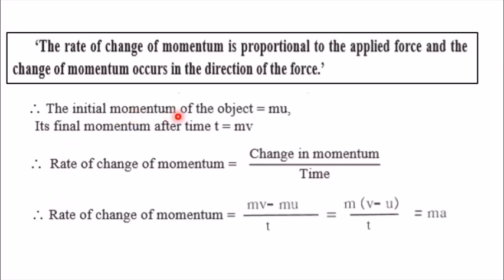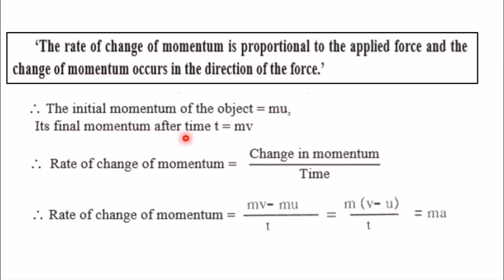Initial momentum of an object is always m into u, that is mass into initial velocity. As we know, momentum is equal to mass into velocity. So initially, when the object is at the starting point, the momentum is m into u, that is mass into initial velocity.